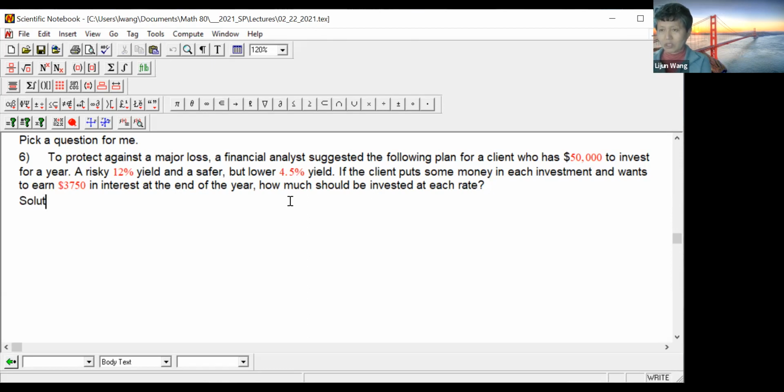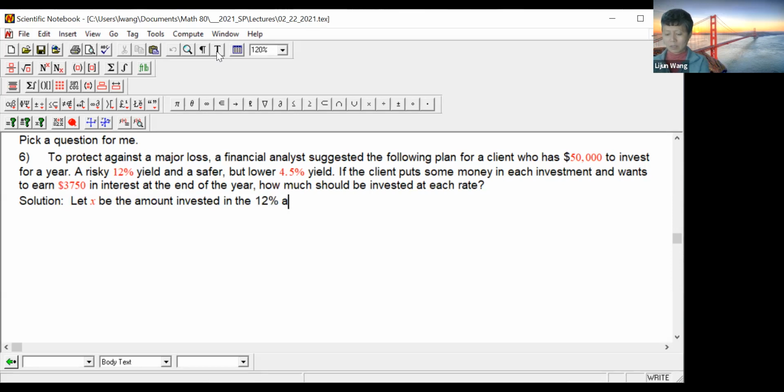Okay, so for the solution, you can say let X be the amount invested in the 12% account. It doesn't matter which percent you choose, you just need to be consistent.